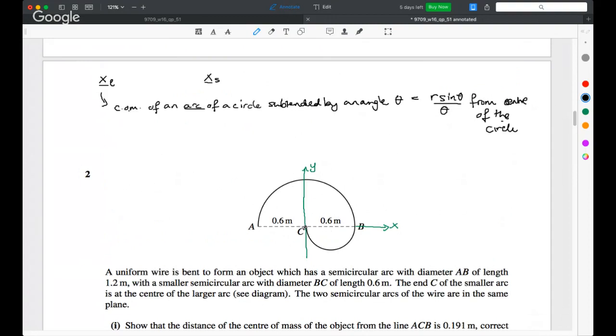So we know that the x-coordinate of the center of mass of this larger circle is going to be 0 because it's symmetrical along that. But we don't know what the y-coordinate is. But we know that here for the large one, theta, well, it's a half circle, so theta is equal to pi. That means the sine of theta is... wait, sorry.